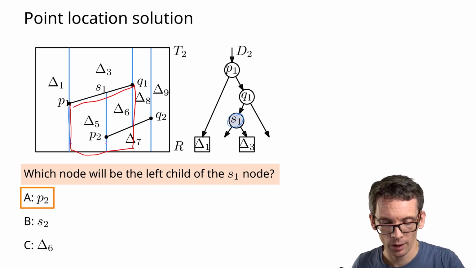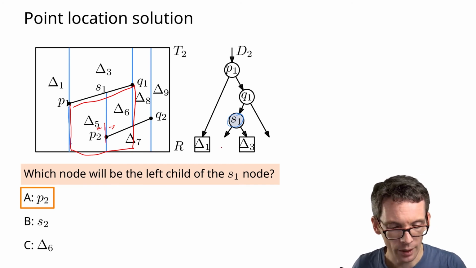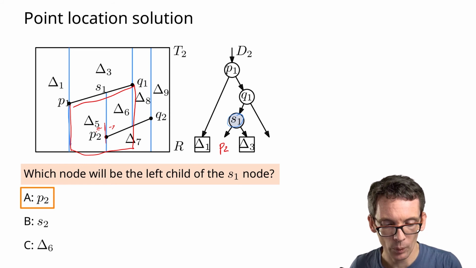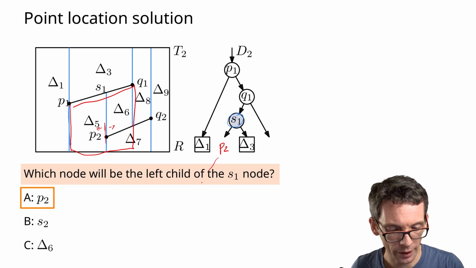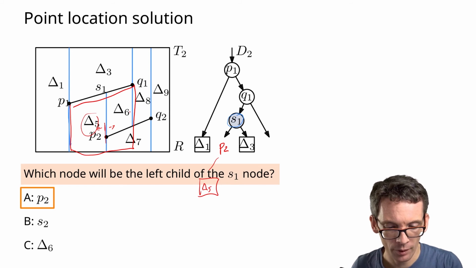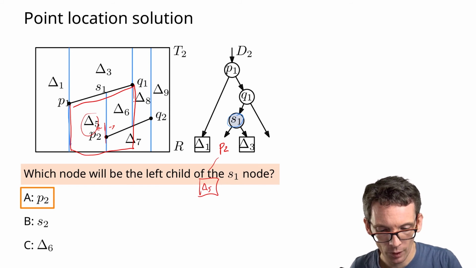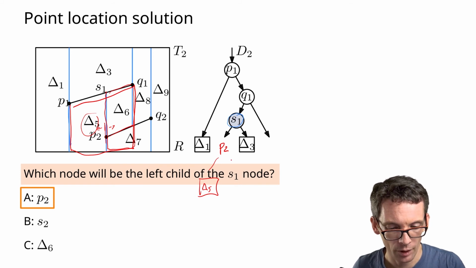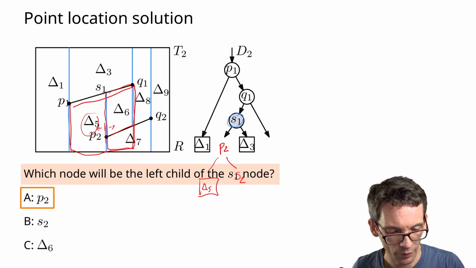So am I here or there? That's why I will have P2 here. And then when I'm to the left of P2, I can add delta 5. If I'm to the right, then I'm in this region here. Then I have to test above or below S2. So I will have S2 as a node there.